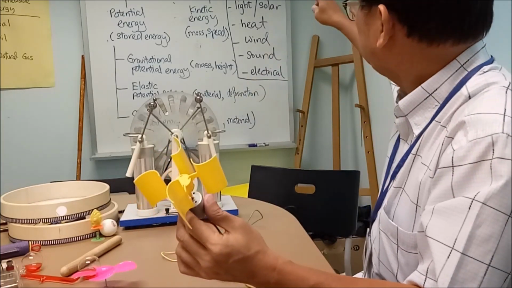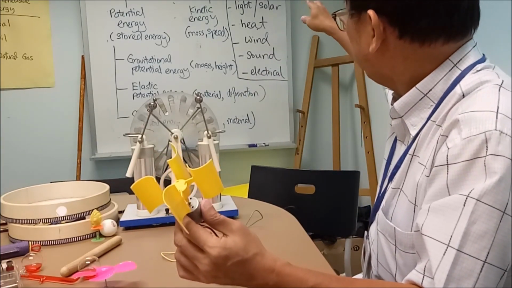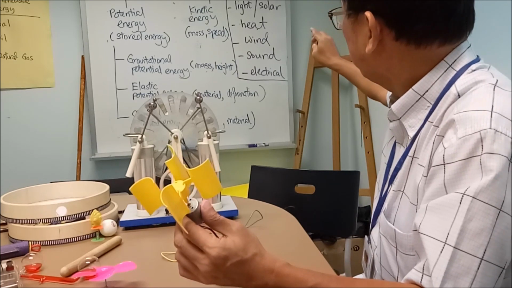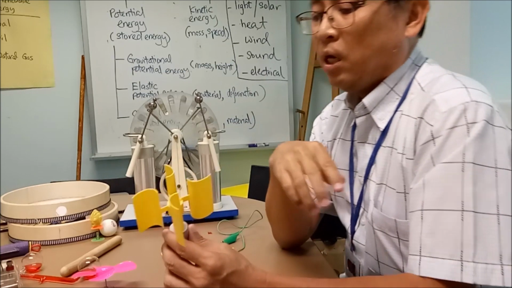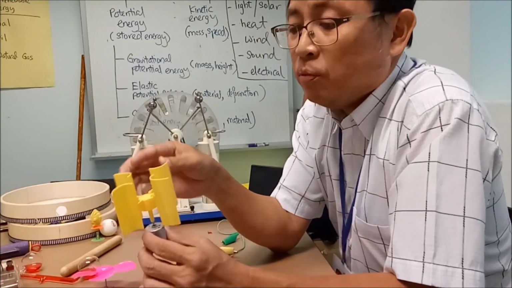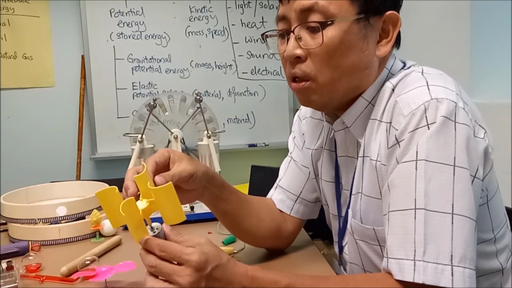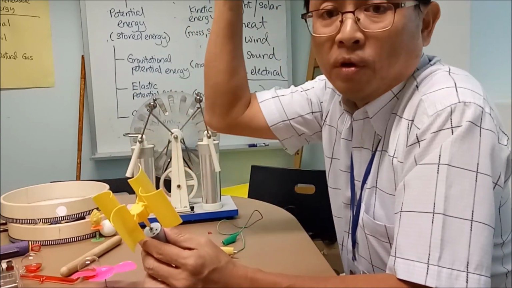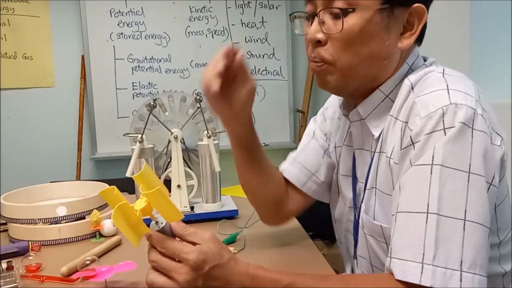Okay, so we have talked about solar energy, which is light energy. We talk about sound, we talk about electrical, we talk about heat, now wind. Now in many countries, they don't use fuel like us to give all the electrical supply.